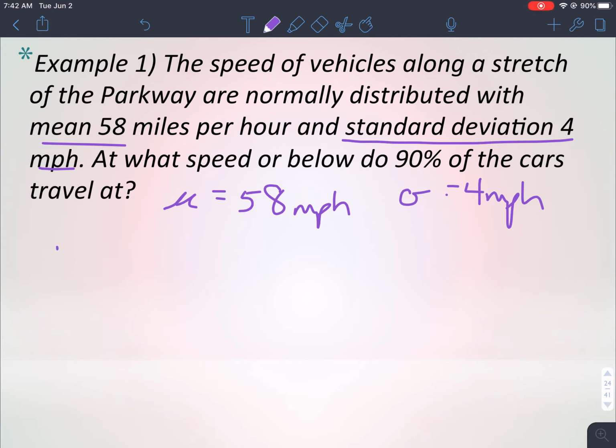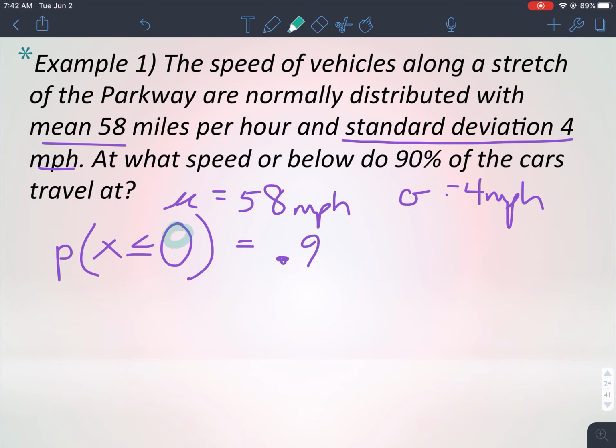So the probability that some speed should be equal to 0.9.